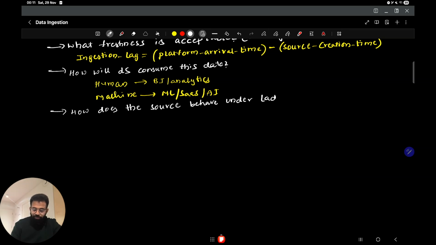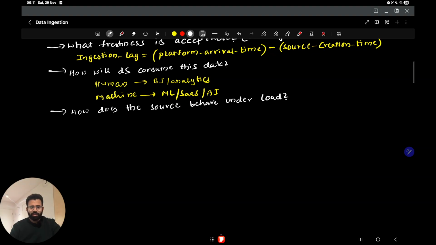If you are going to query your source system during business hours, especially when a lot of other customers or users are querying it, how is it going to behave? Not every source wants to be queried frequently. For example, let's say a PostgreSQL system is running ERP transactions. It should not be hit with heavy joins during work hours, right?